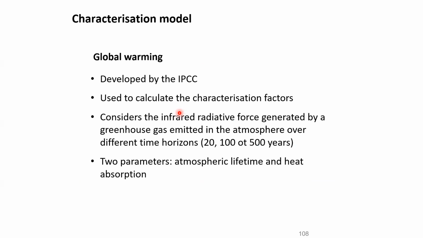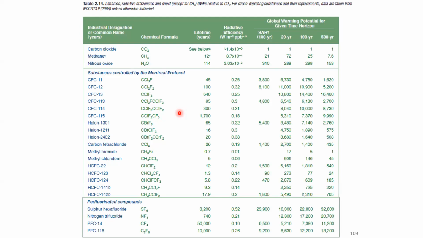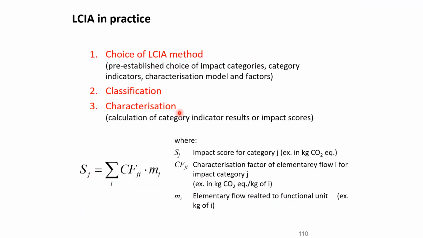This characterization model was developed by the IPCC and other organizations. Then you need to know how many years they will be available, so typically we do it for 100 years. This is your lifetime and radiative efficiency numbers for the different emissions: chemical formula, lifetime in years, radiative forcing efficiency. Usually we go for 100 years and use that.